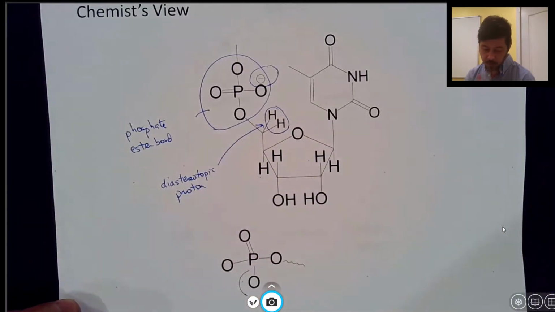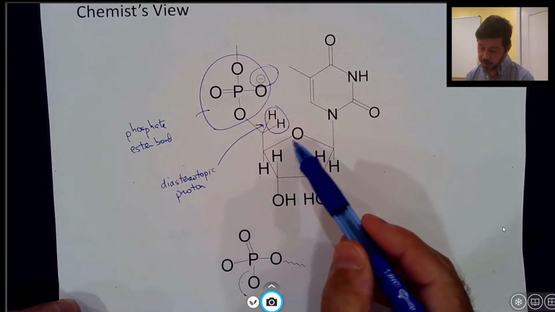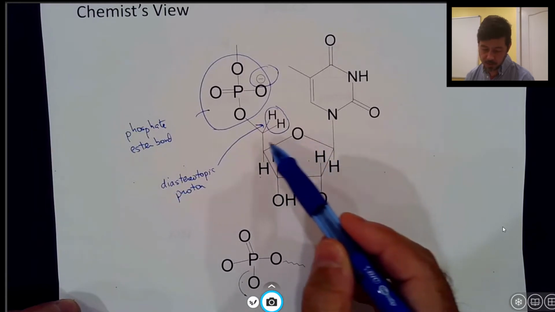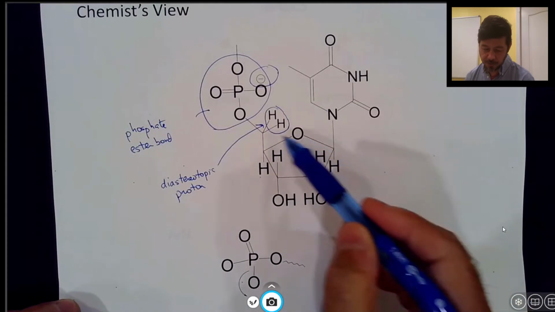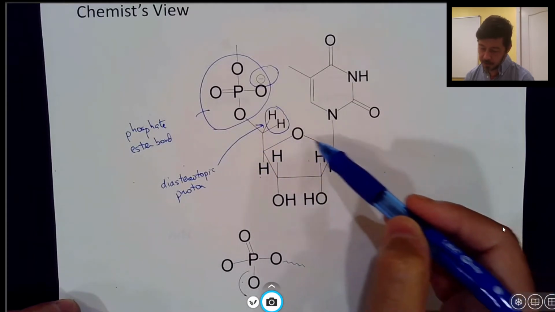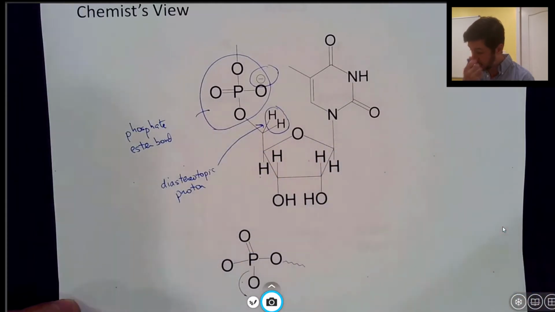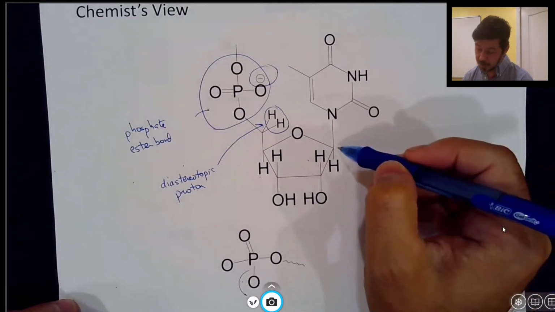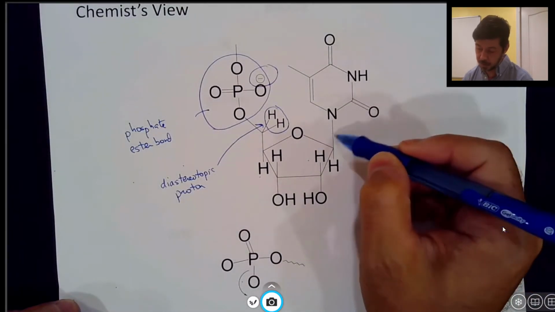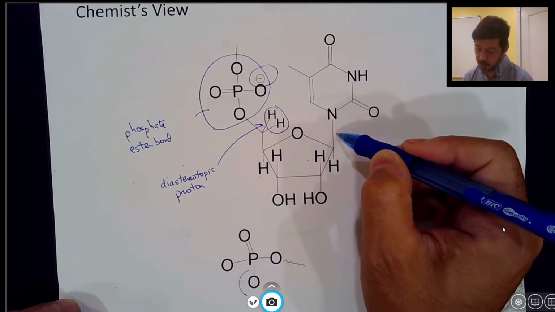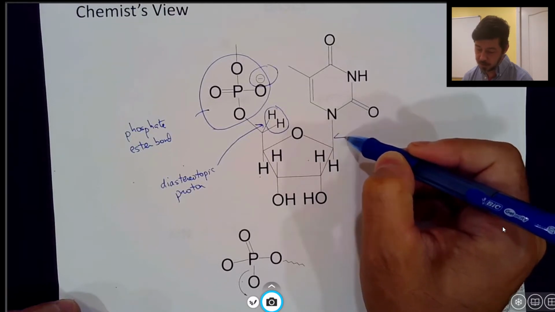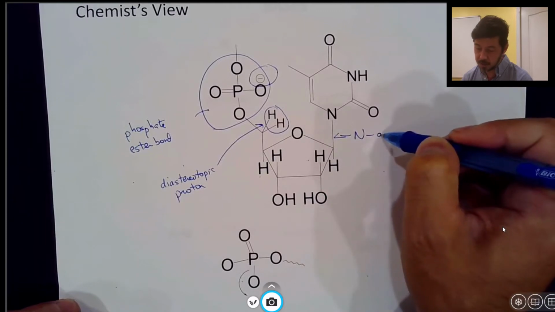Moving on, if we look at this entity here, we have this five-membered ring, and attached to this sugar, we have what is called an N-glycosidic bond. So you have a carbon-nitrogen bond, and let's call this our N-glycosidic bond.